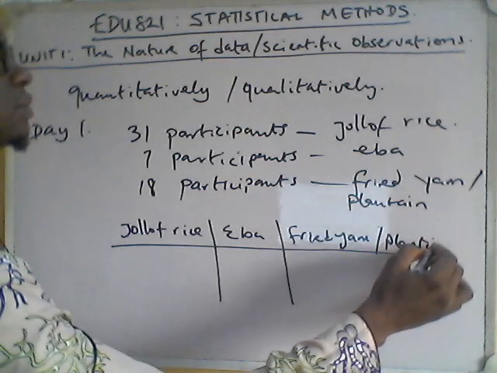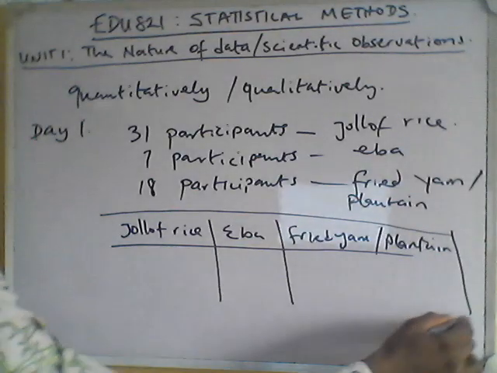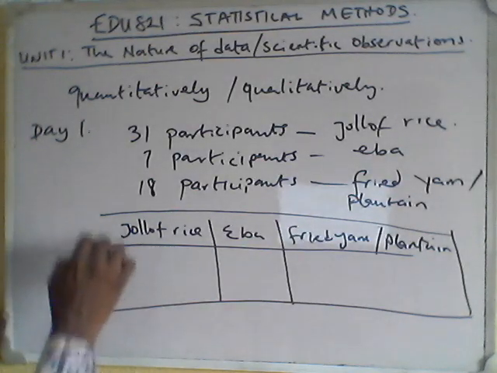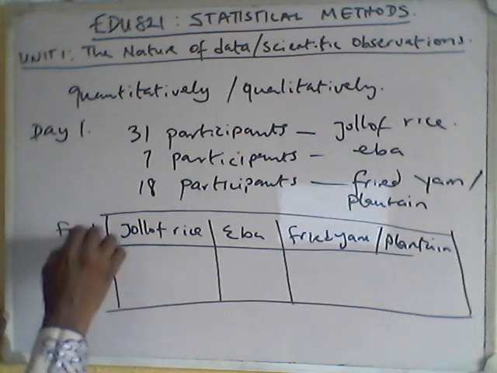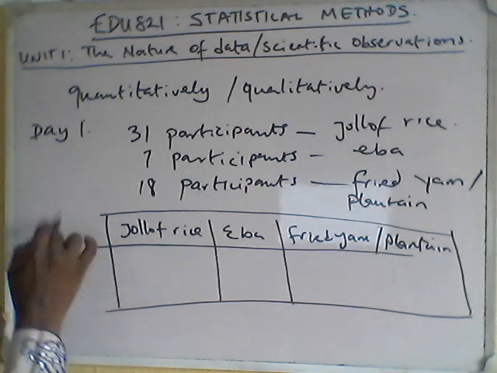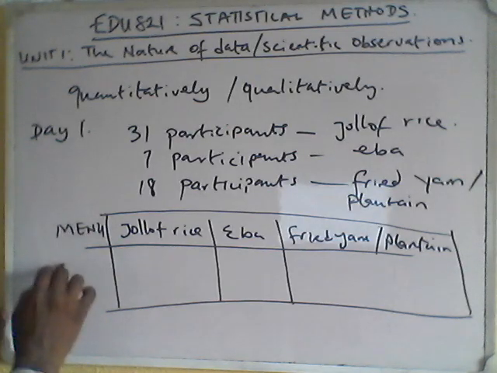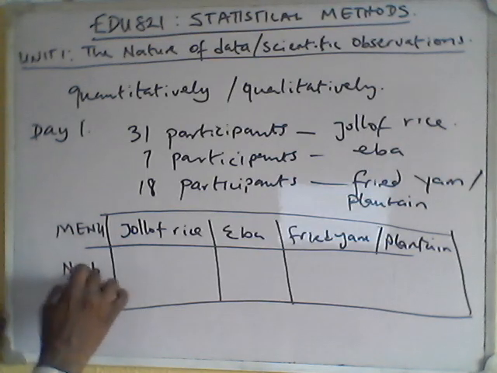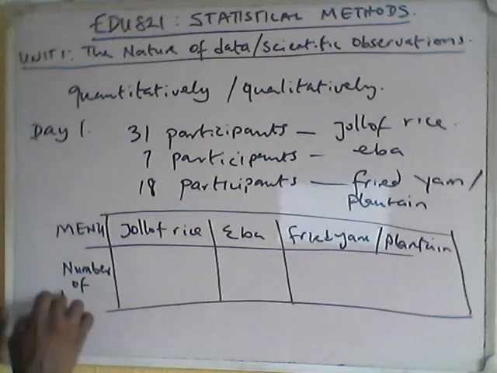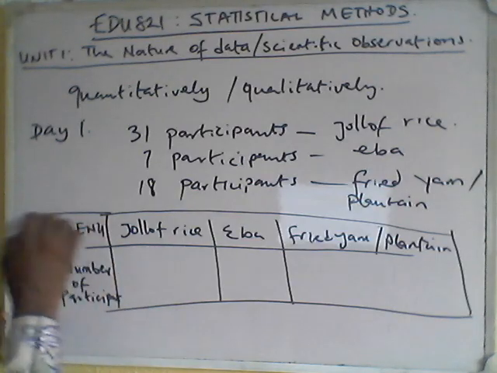I'll just do a table like this. Then I can put food or menu, and I can put the number of participants. I'm trying to represent what was gathered here.